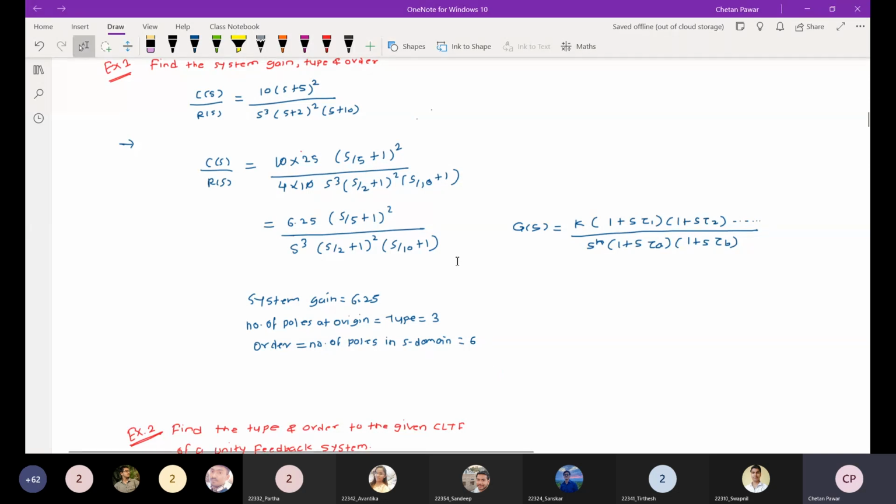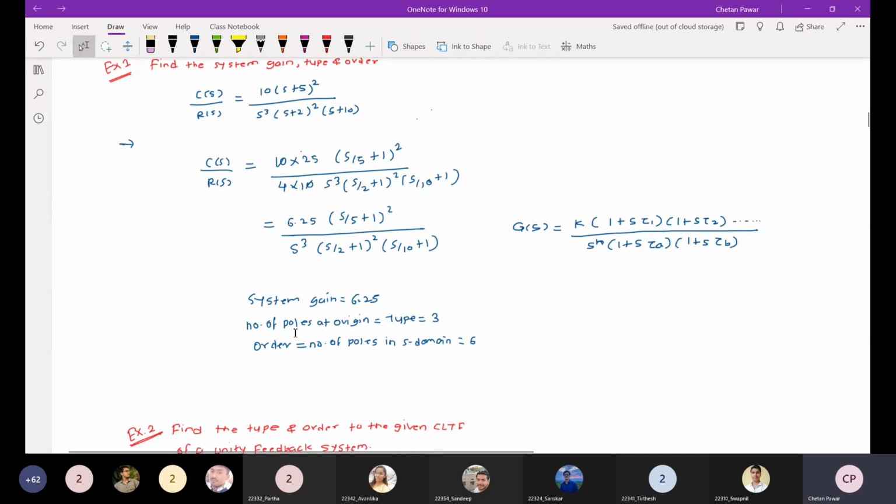So roots of the denominator are poles and roots of the numerator are zeros. Here the number of poles in the S domain is 6, so the order of the system is 6 and the type of the system is 3. What is meant by type? The number of poles at the origin. And here the constant is the system gain.